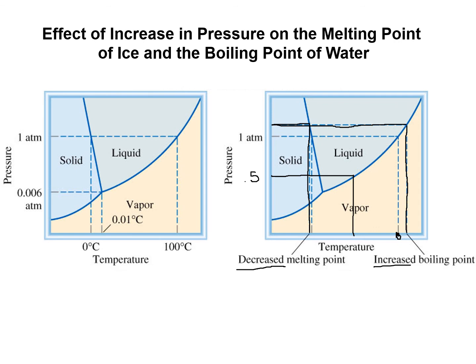When we decrease pressure, we're going to decrease the boiling point. And I think you would predict a decrease in pressure is going to increase the melting point, and it does. So our melting point increased here. So you should be able to use a phase diagram to predict these changes in boiling points and melting points when we change pressures.